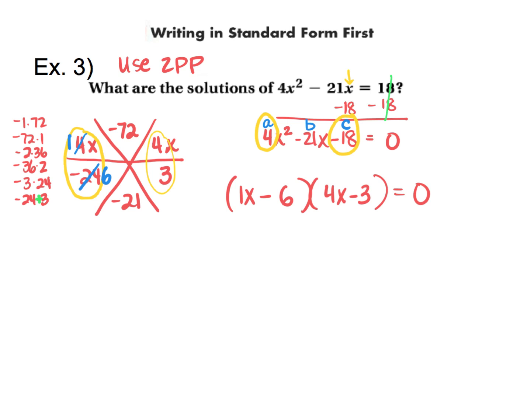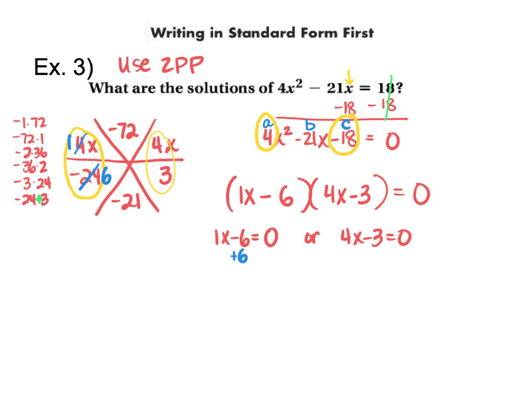And then we're going to take each piece and set them equal to 0. So x minus 6 could possibly be equal to 0, or 4x minus 3. And again here, I want you to get into the habit of showing your work on what you're going to do to get the x by itself.